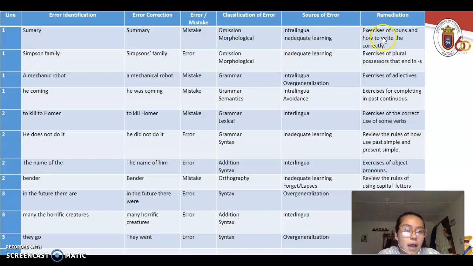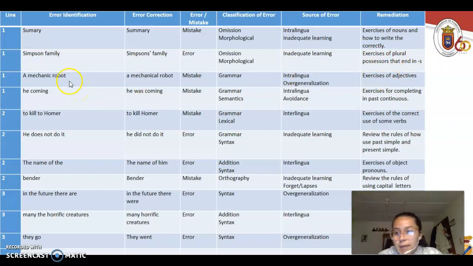So at the end we have how we can remediate these problems. So in the first one, exercise of nouns and how to write them correctly, and then the exercise of plural possessors that end in S.